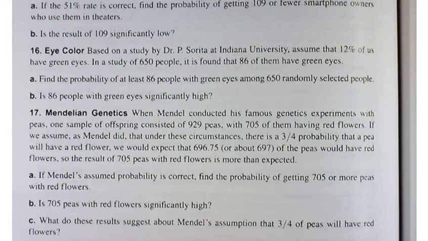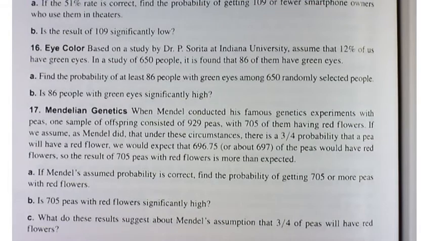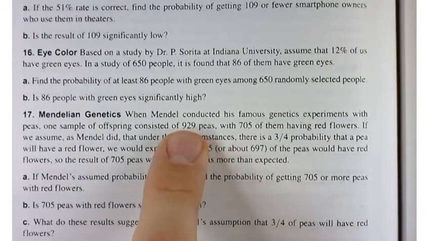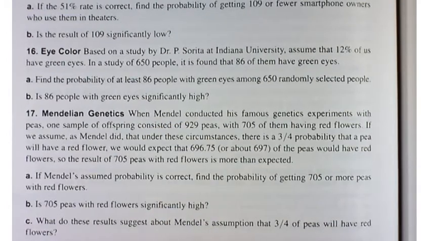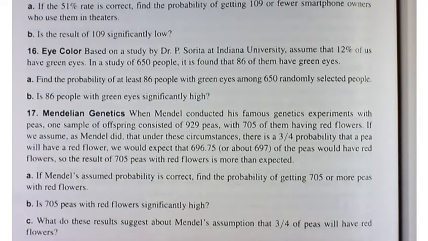All right, so problem number 17. Hey, the good news, though, is this was one of your homeworks. So you get to do one of your homeworks in class. So it's going back to the experiments with Gregory Mendel. In one sample, you had 920 peas. 705 of them had red flowers.